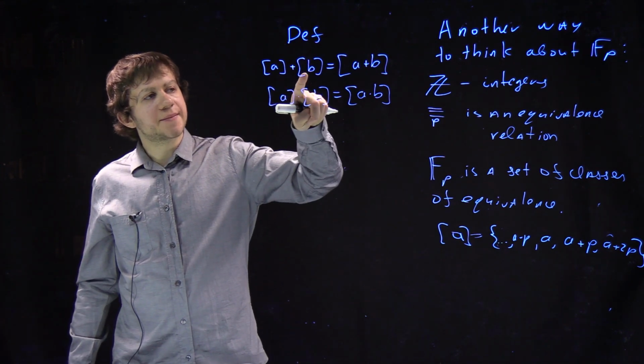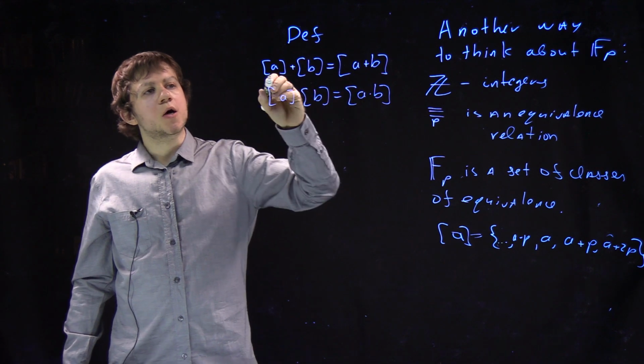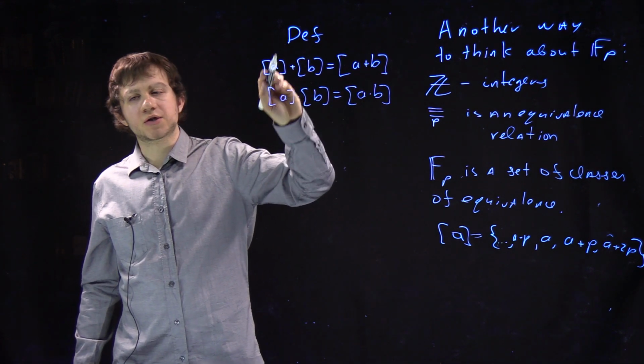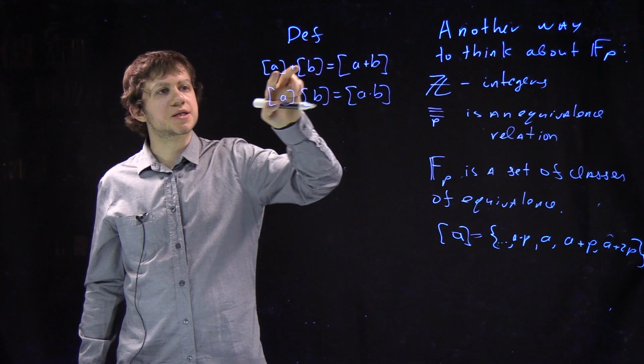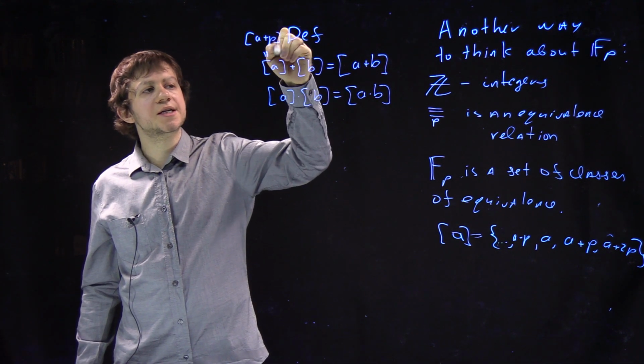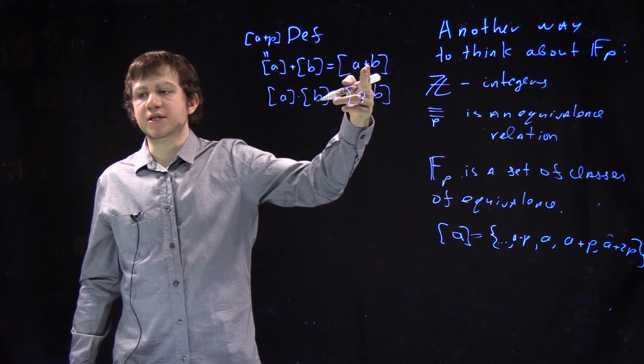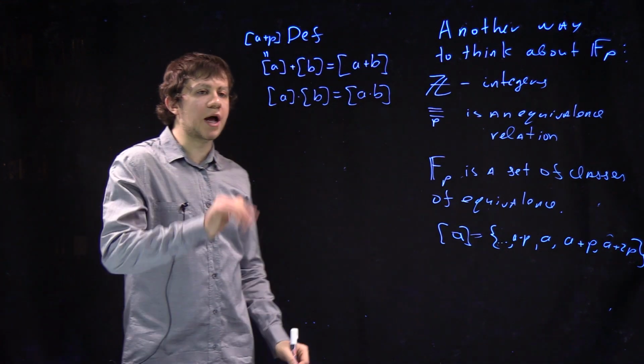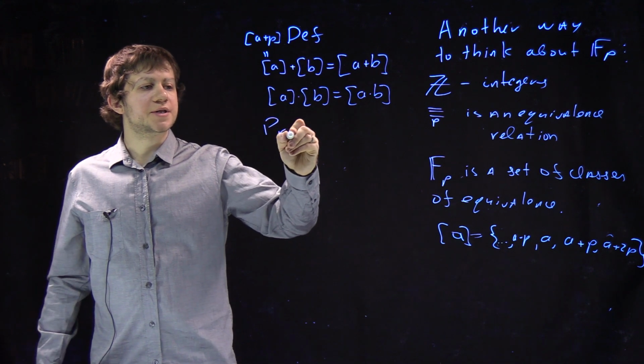If you define A plus B to be the class of A plus B, what might happen is that if you take another representative of this class or this class, you will get, for instance, element A plus P or something like that, add them up, and you can get a representative of a different class. So actually it's a little proposition that it never happens.